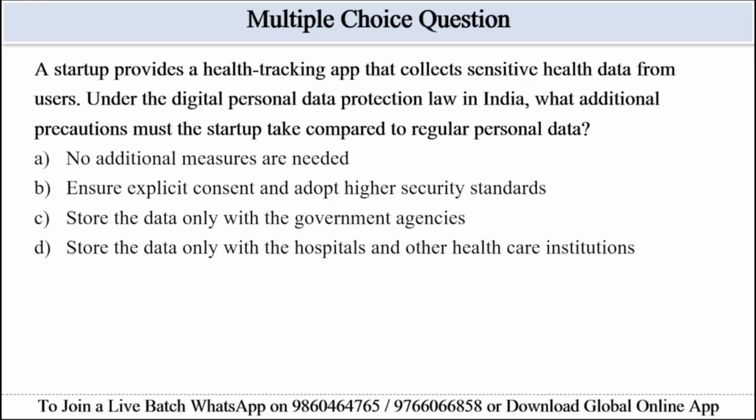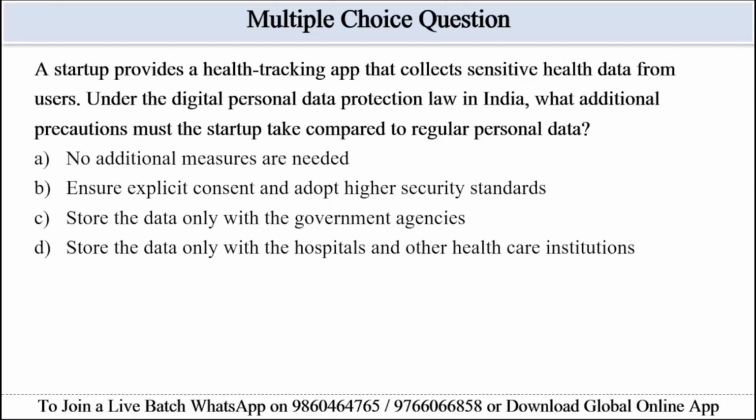The passage itself states, if the personal data is sensitive, then additional safeguards are to be observed. So in case of option A, no additional measures are needed. This directly contradicts the explicit statement in the passage, hence it will be a wrong option.